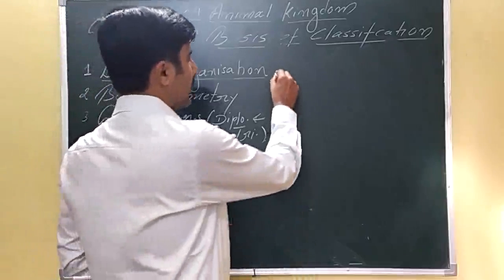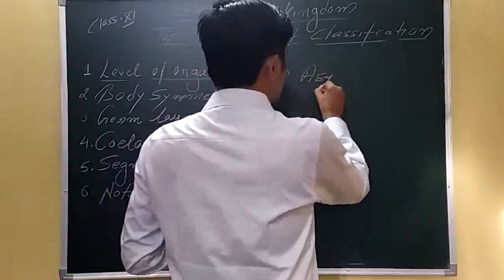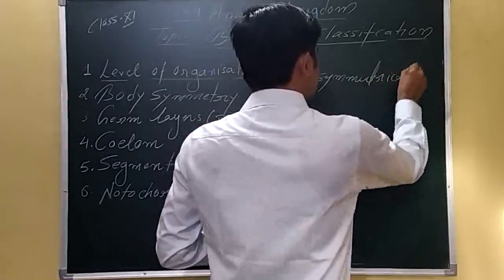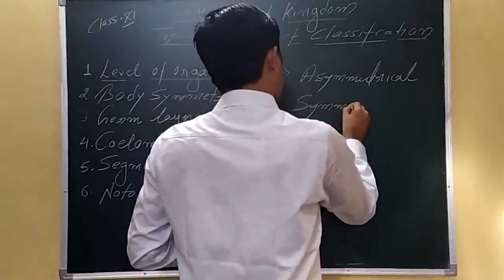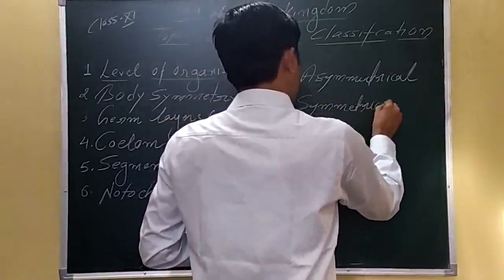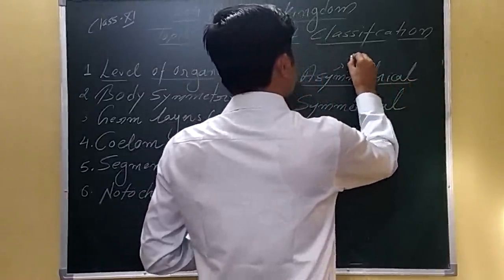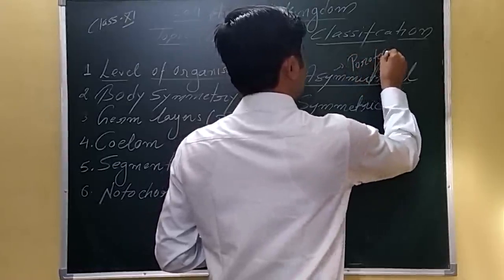So broadly, organisms can be divided into asymmetrical and symmetrical. For asymmetrical, please remember, we have to take the same example, sponges or Porifera.